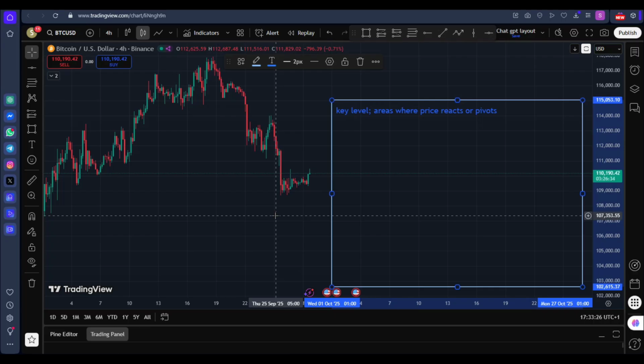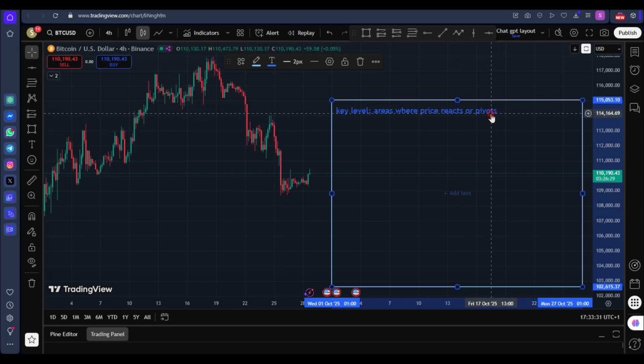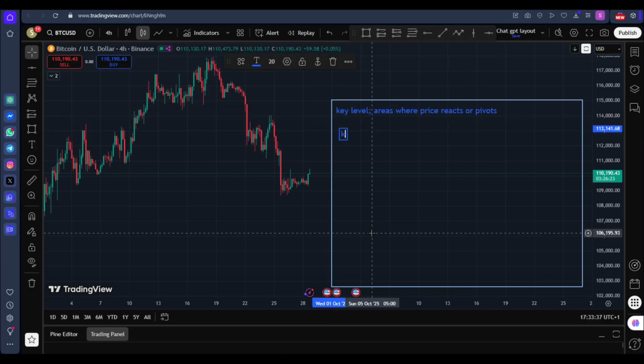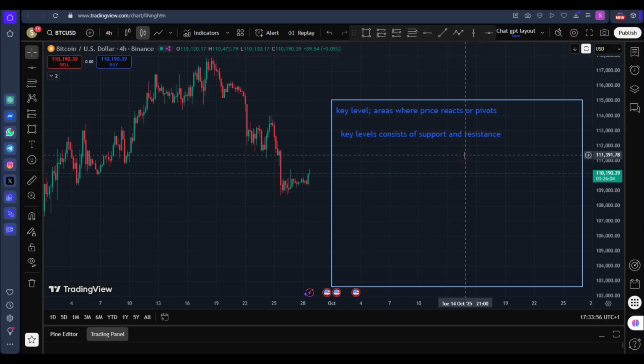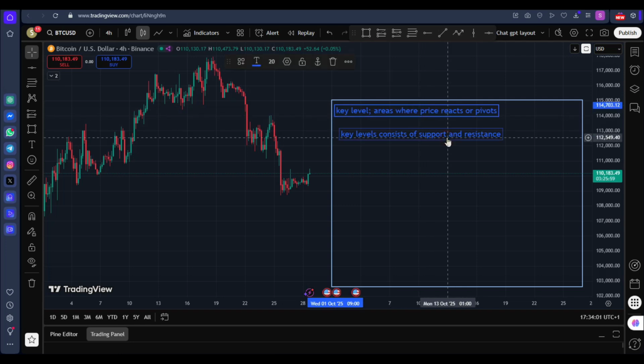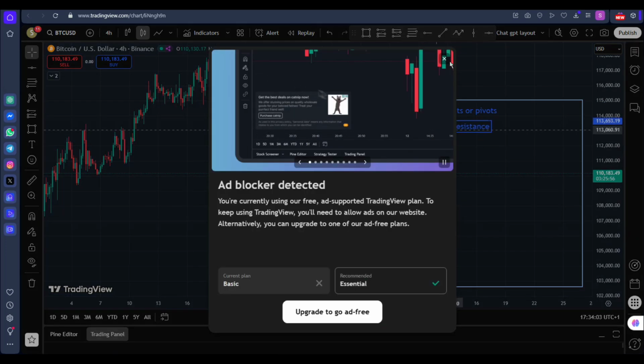Key levels consist of two things: support and resistance.